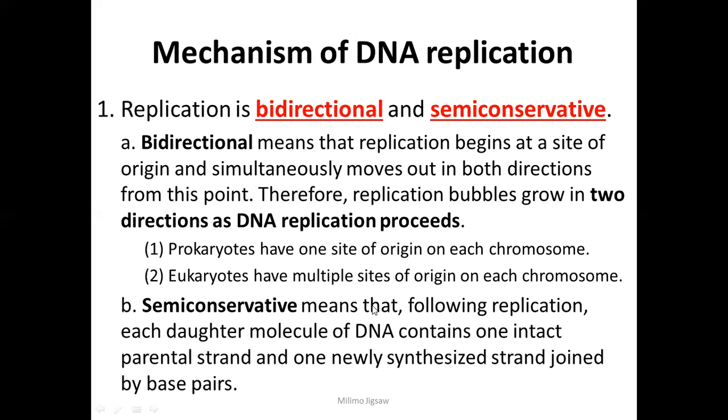However, for eukaryotes, there are multiple sites of replication. And of interest for us is DNA replication that happens in prokaryotes. Of course, we are going to add certain concepts for eukaryotes where it is important. So DNA replication is bidirectional and semi-conservative. Is it clear so far?